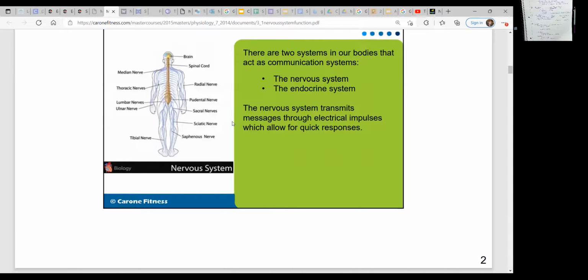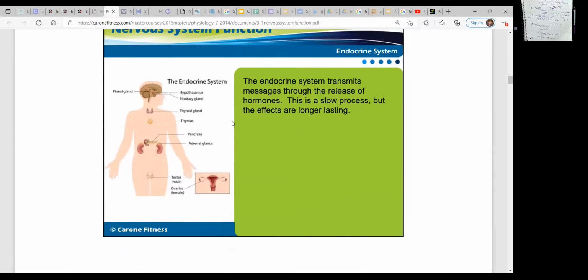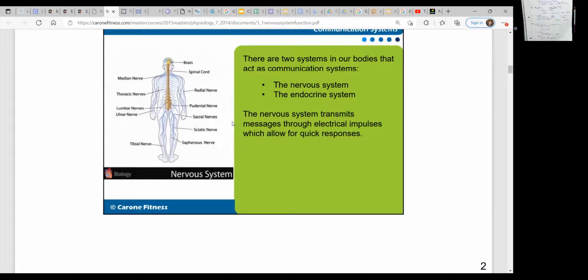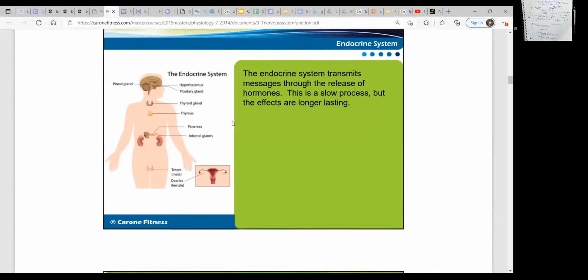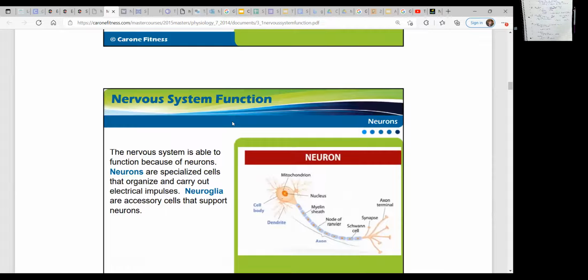Whereas the nervous system, that is the other communication system, uses those electrical impulses, whereas the endocrine system uses hormones. The nervous system is quicker, but the effects are not as long lasting as those hormonal functions.